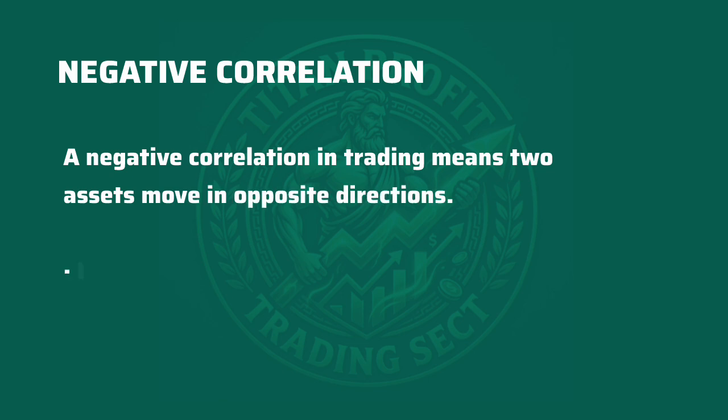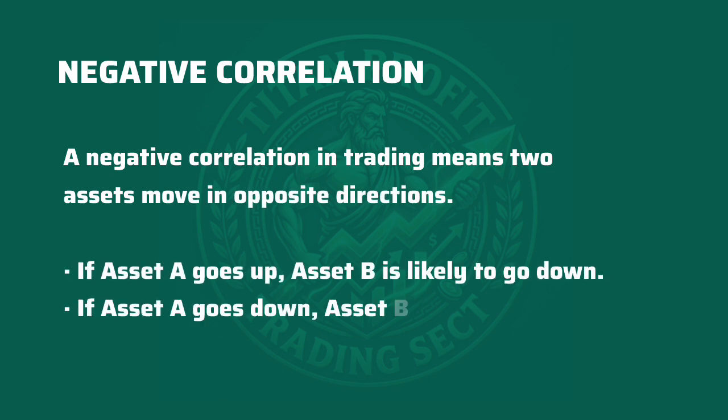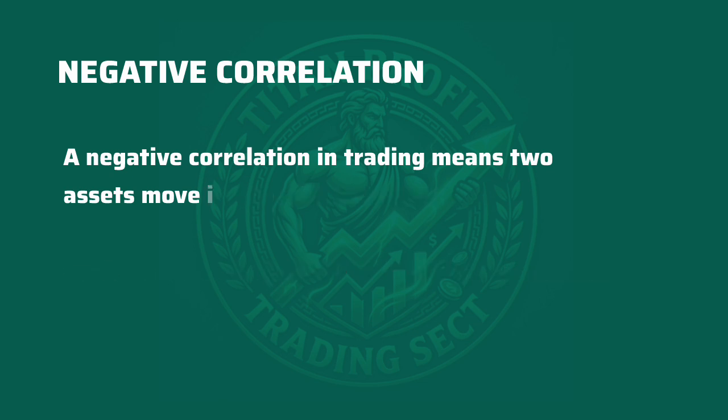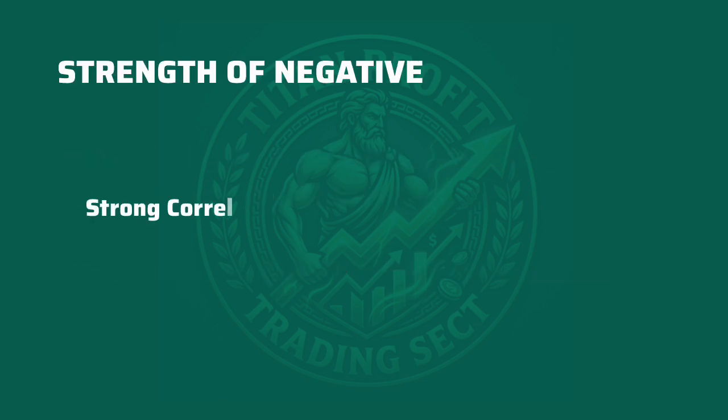Let's look at negative correlation. A negative correlation in trading means that two assets tend to move in opposing direction. So example is, if asset A goes up, asset B is likely to go down. If asset A goes down, asset B is likely to go up. So you can see that they are moving in opposite direction.